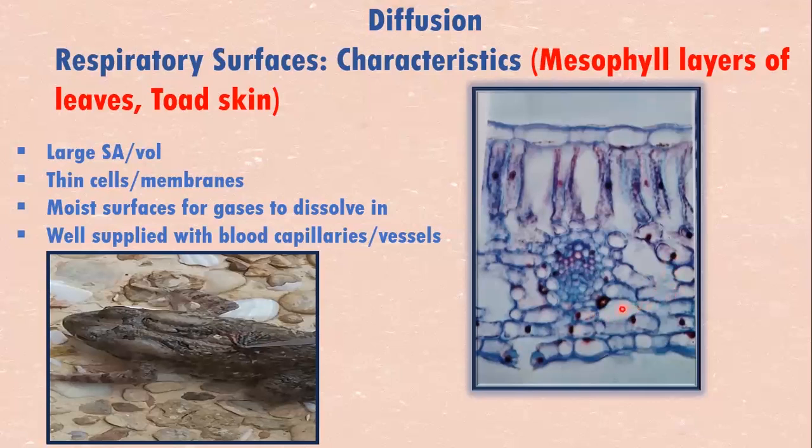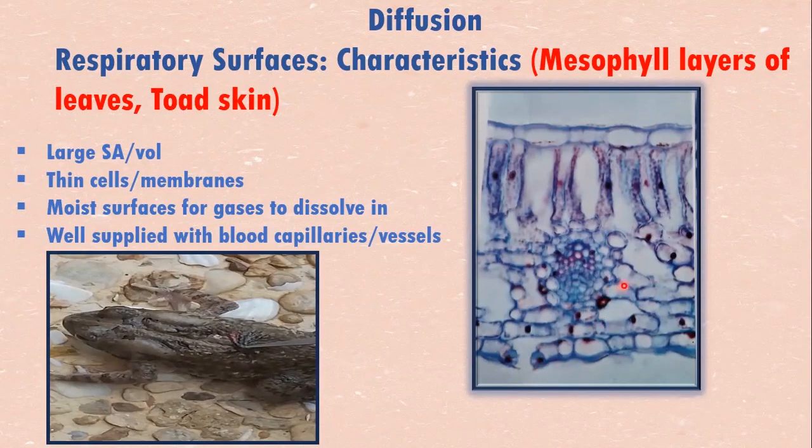They have large intercellular spaces, and so the cells plus the large intercellular spaces create a large surface area to volume ratio. The cells are also thin. And also the spongy cells' cell walls are moist so that gases can dissolve in and move into the cells and move from cell to cell.